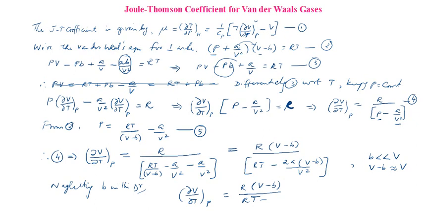This V and this V will get cancelled, so what is left there is 2A by V only. So I may use a bracket. Let me call this equation number 6. A bit lengthy, but there are not many complexities. We go to the next slide.